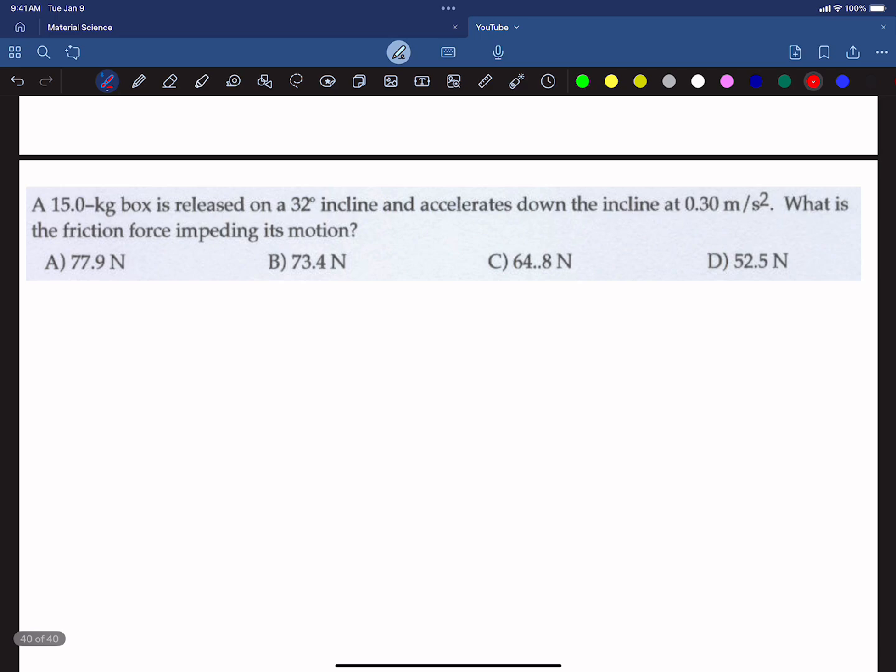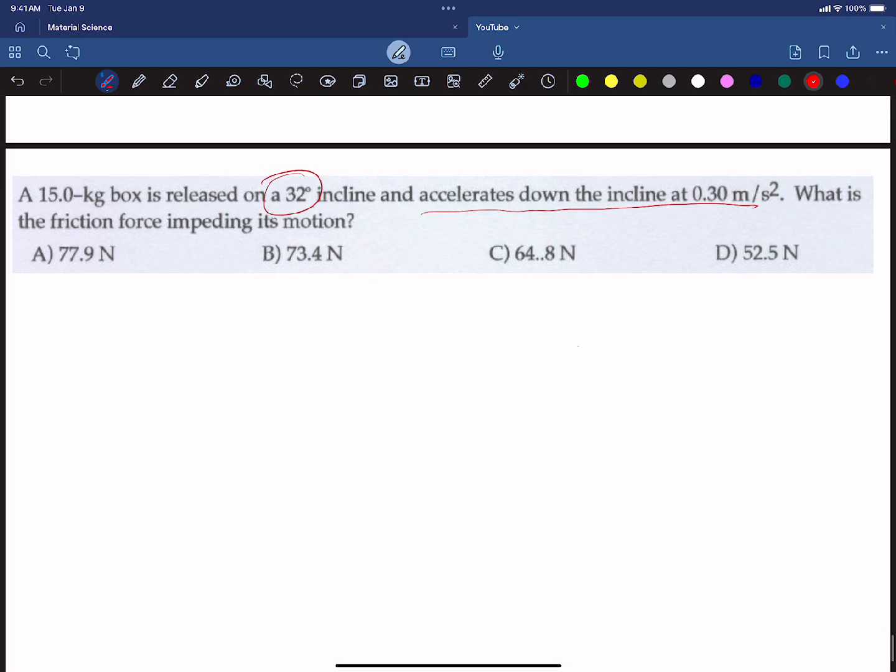A 15 kg box is released on a 32-degree incline and accelerates down the incline at 0.3 meters per second squared. What is the friction force impeding its motion? So the force acting on this box will be given by F parallel is equal to mg sine theta.